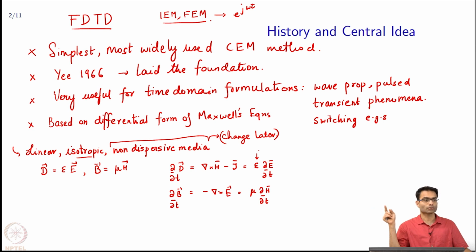Okay. So linear and isotropic means I can write epsilon as a number. I thought isotropic meant like epsilon will be some function of x, y, so that it varies with space. That is heterogeneous or homogeneous. If epsilon becomes a function of space, then we call it a heterogeneous medium.